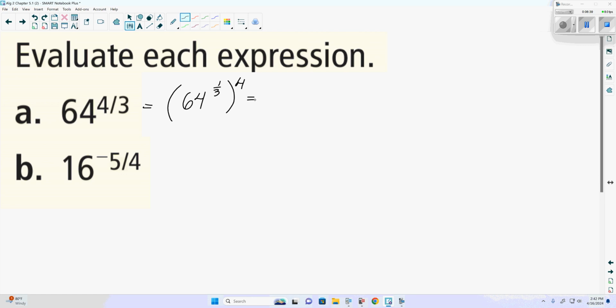If 64 to the 1/3, we're looking for what times itself 3 times is 64. That's 4. 4 to the 4th is 256. Your answer is 256.